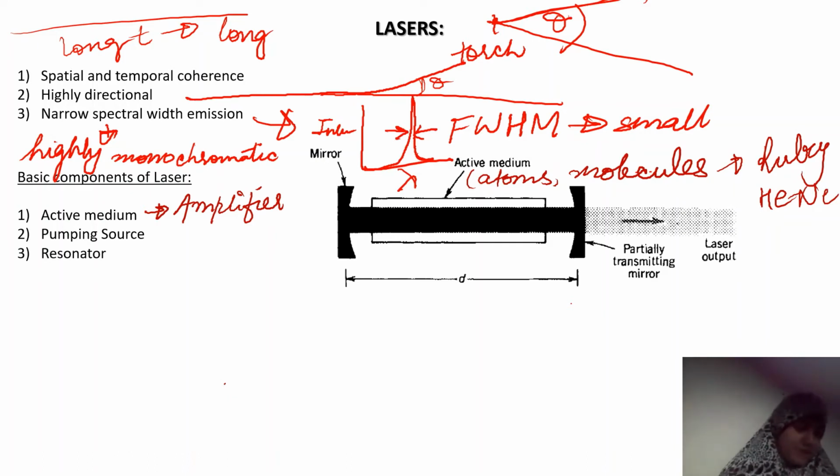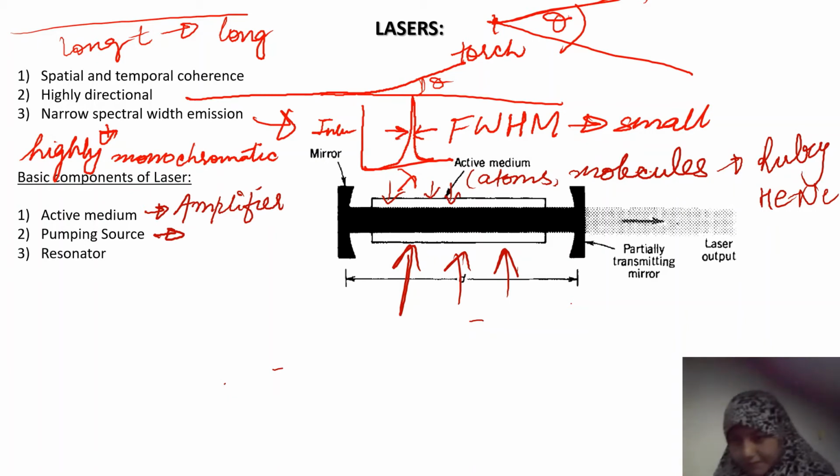So it contains atoms, molecules, or ions like erbium, ruby, helium neon, which are excited using a pumping source. Anything can be a pumping source. Here we pump this active medium. It can be bidirectional pumping, or single direction, depending on the gain and the losses of the active medium and how you design the laser.